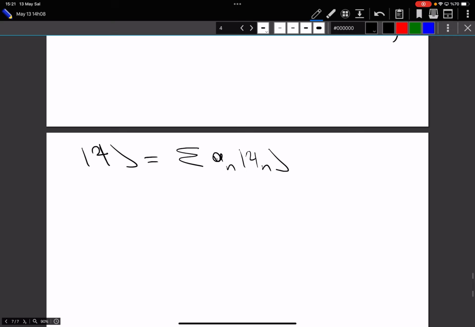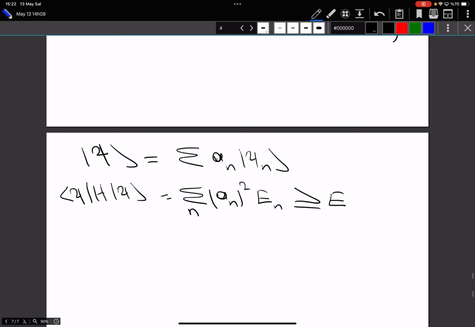Now, if you look at this matrix element, it turns out to be the sum over all n of a_n squared E_n, which is always, whatever the values of E_n are, larger than or equal to E_0. I didn't do any minimization.